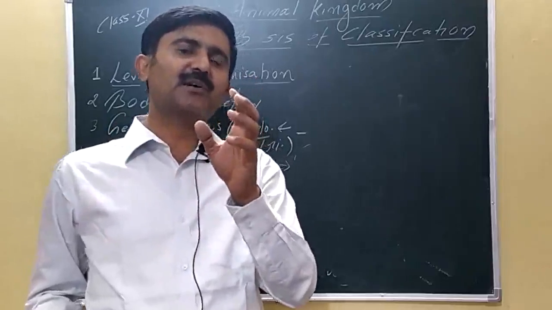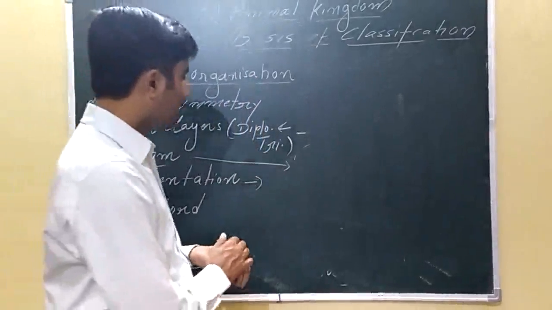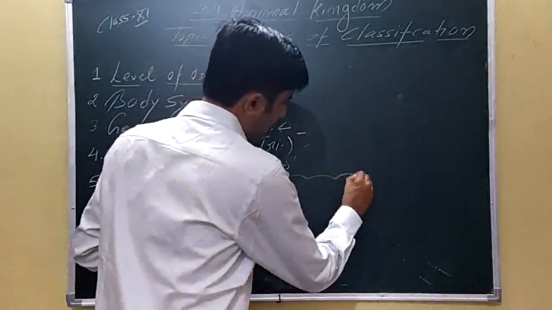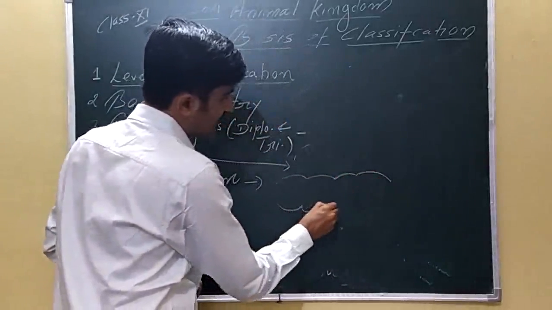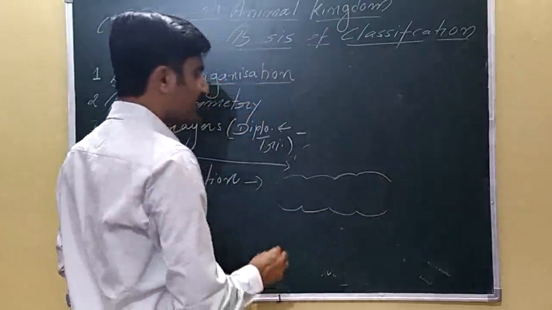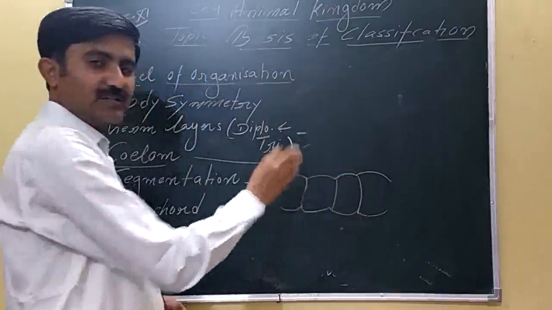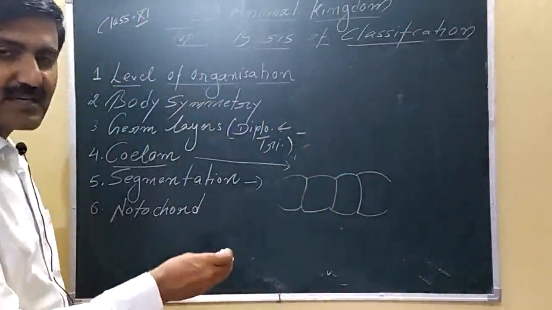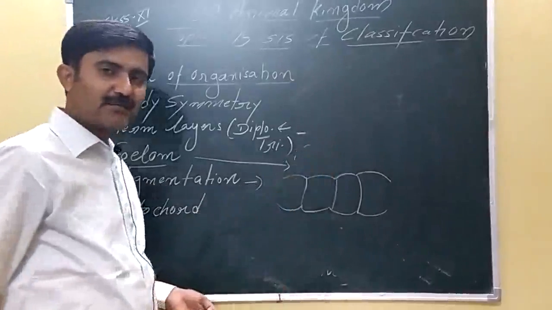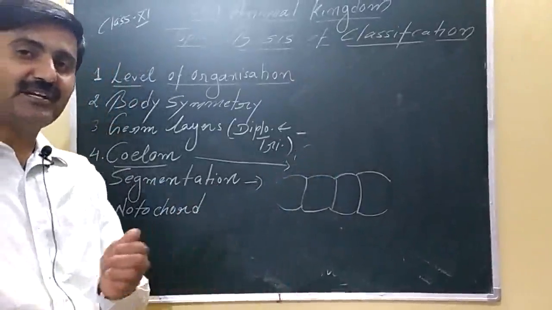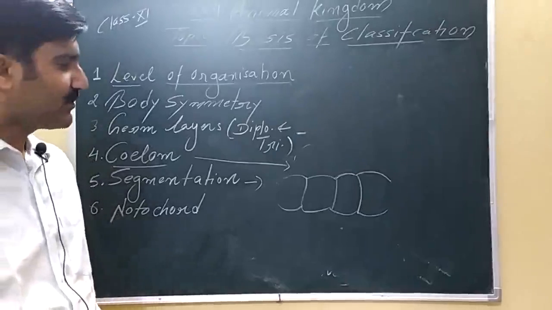Let us take the best example, the earthworm. When you look into the body of an earthworm, it is not only externally segmented, it is internally also segmented, right? If an organism is internally segmented and there is formation of these compartments, then the organism is called segmented.